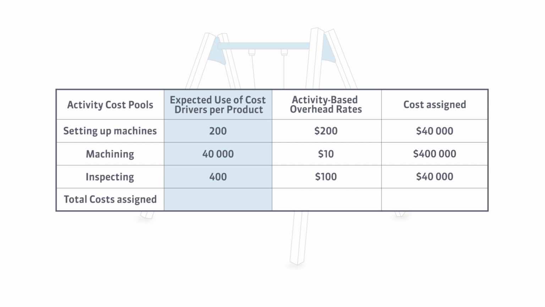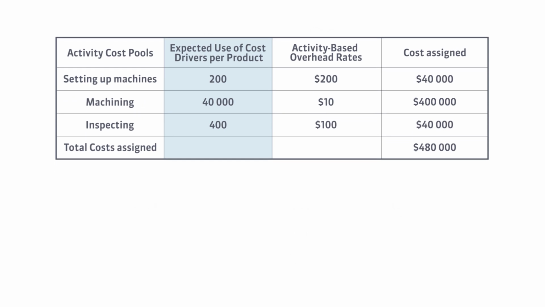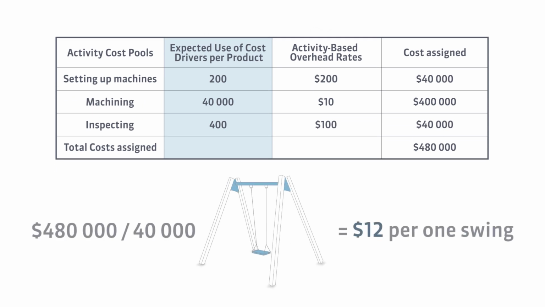The sum of the costs assigned to the swings is $480,000. Now let's calculate how much of this cost will fall on one swing. It's $12. Remember it because we will need it later.